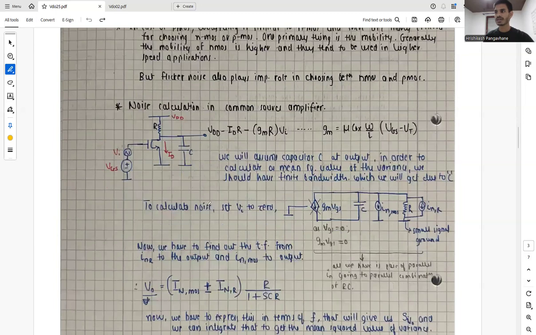To calculate the noise, we set the large signal to 0, and as we set the large signal to 0, there is no VGS, and thus in the small signal picture, this turns out to be an open circuit.